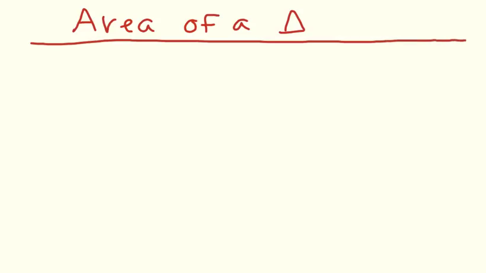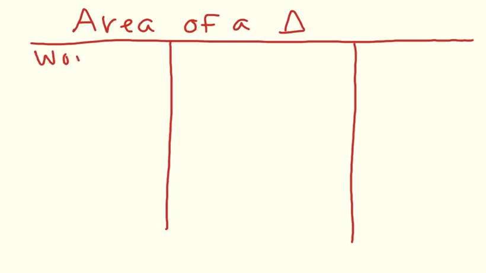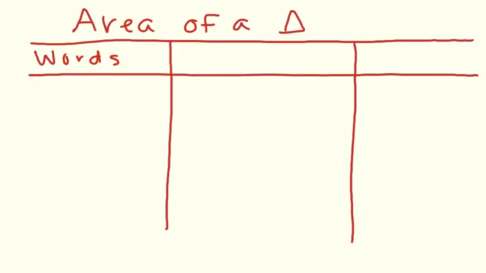Okay, so now we're going to talk a little bit more about area. So we're going to do a little chart. It's going to say area of a triangle. It's going to have 3 columns. Hopefully it'll all fit in here. And this one is going to be words for our headings.